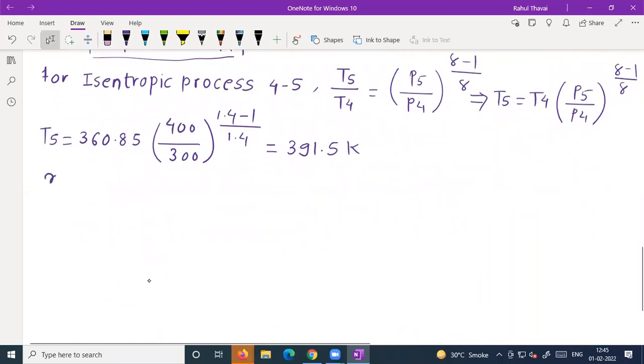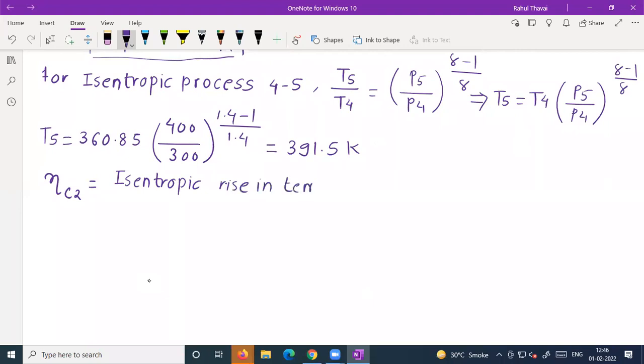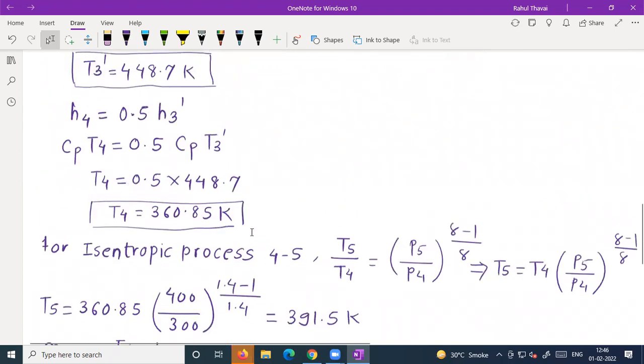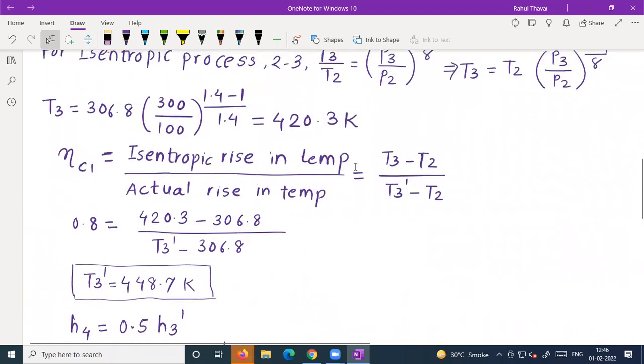So the efficiency of the second compressor, as I told you, I have just written the same formula that I applied for the first compressor: isentropic rise in the temperature divided by actual rise in the temperature. What is the isentropic rise in the temperature?